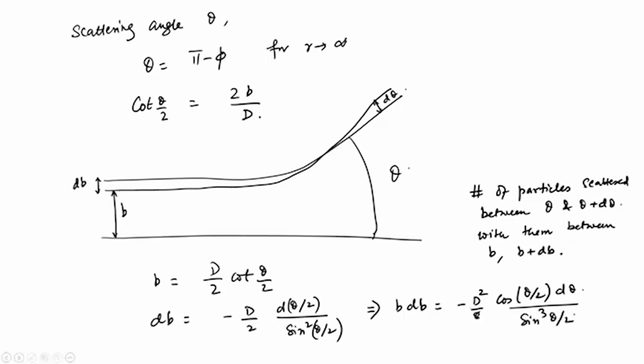You can fill in the steps, or they are all there actually. So, b dB is equal to minus d square over 16, and we have sine theta d theta, divided by sine to the power 4 theta by 2. Okay.